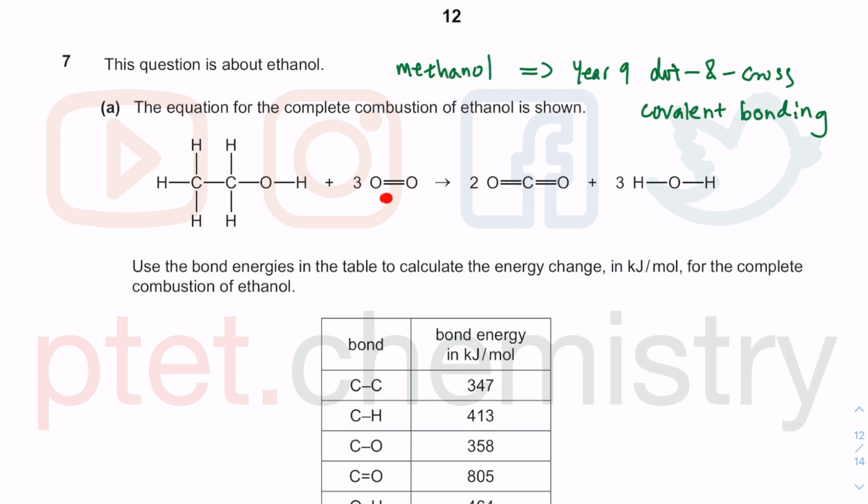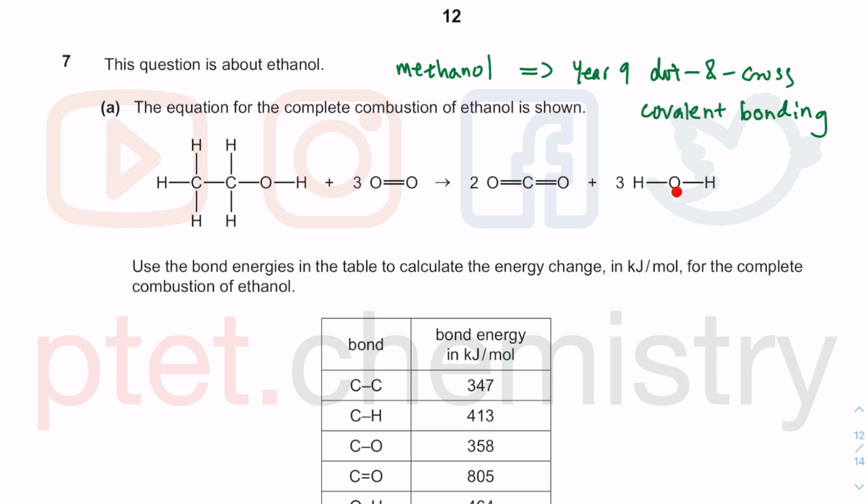It's got oxygen. These have been drawn as displayed formulae, showing you the carbon with 4 single bonds, oxygen forming 2 covalent bonds, and each hydrogen just forming a single covalent bond. These are 1 molecule of ethanol, 3 molecules of oxygen, 2 molecules of carbon dioxide, CO2, where each carbon forms 4 covalent bonds and each oxygen forms 2 covalent bonds.